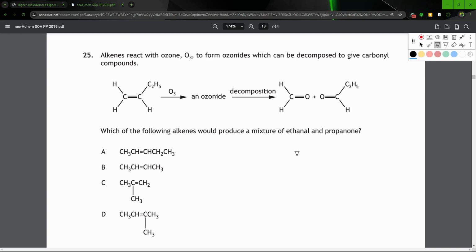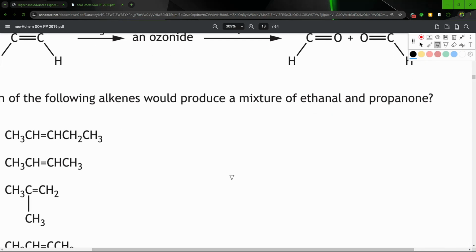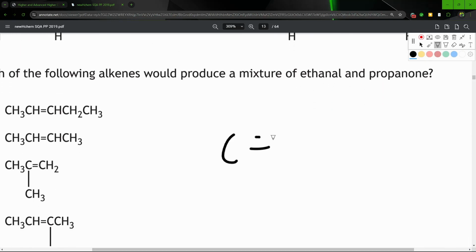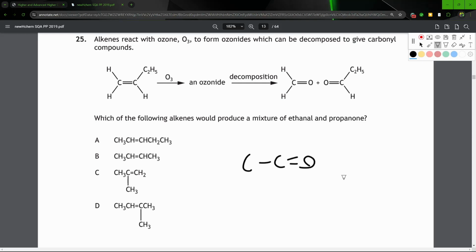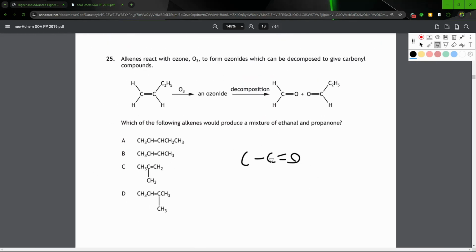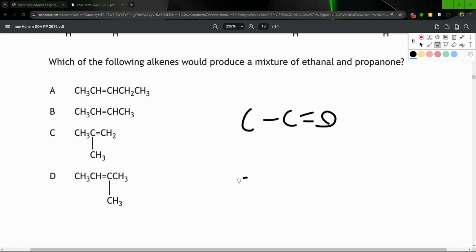So I'm going to draw out ethanal and propanone. Ethanal would be something that looks like this. I won't bother drawing out the hydrogens because we don't really need them for this one. And propanone would be something that looks like this, because it's a ketone, the oxygen would be on the second carbon, in the middle.